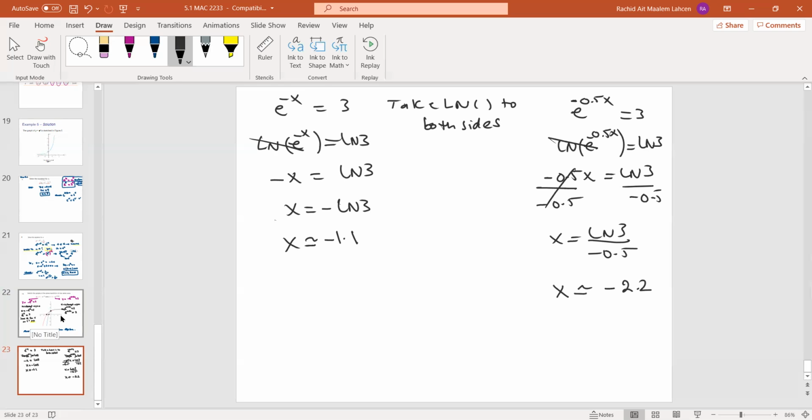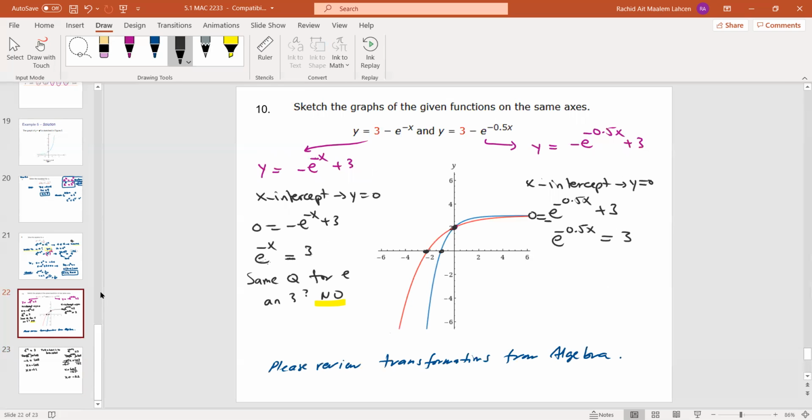All right. So for this one, we get about 2.2. That's the red graph. And for this one, we get about negative 1.1. That's it.